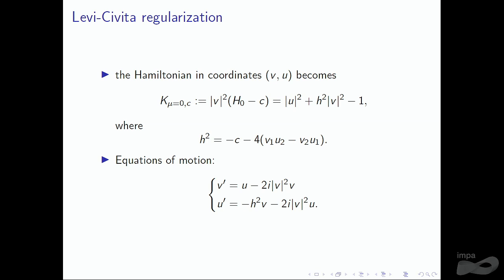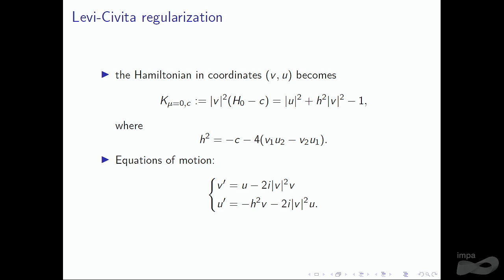Okay? This is the new Hamiltonian, which is norm of u squared. You can see this as the kinetic part. V squared is part of the potential, but h squared here is a term which combines both variables, u and v, and again, it corresponds to that magnetic term now.